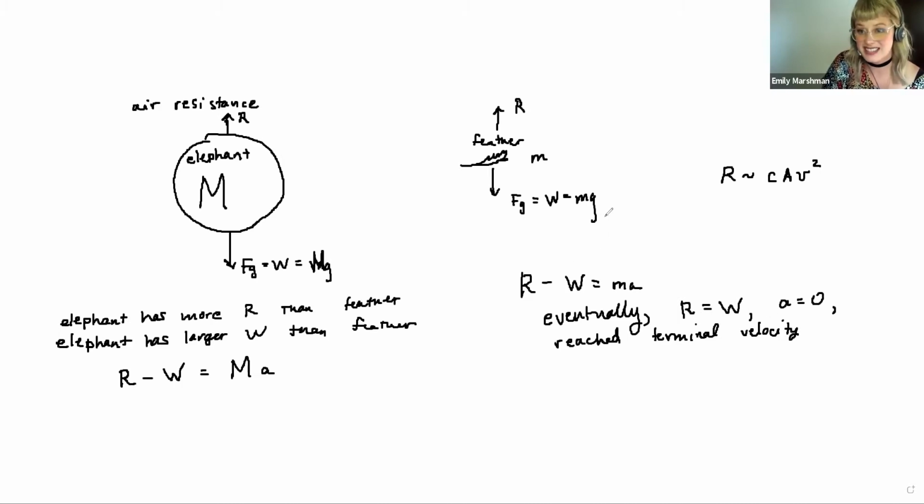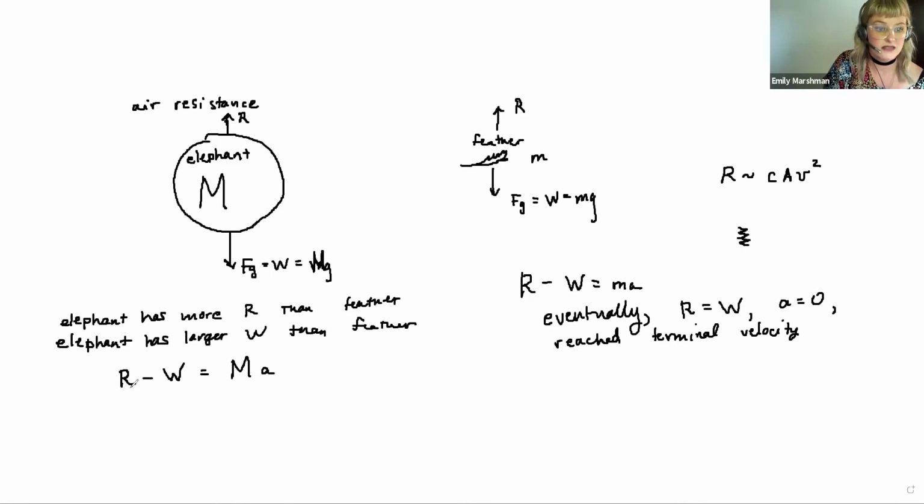I drop it, the air resistance quickly becomes equal to the object's weight. It no longer accelerates and it reaches terminal velocity very quickly. So since this thing doesn't accelerate very much, it reaches terminal velocity very quickly and then just kind of floats to the ground at that terminal velocity, which is very small.